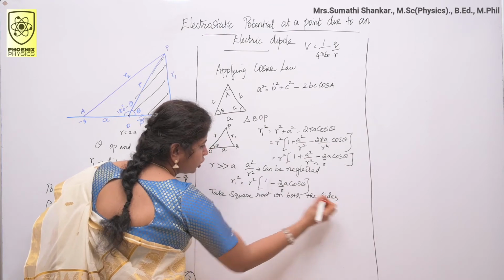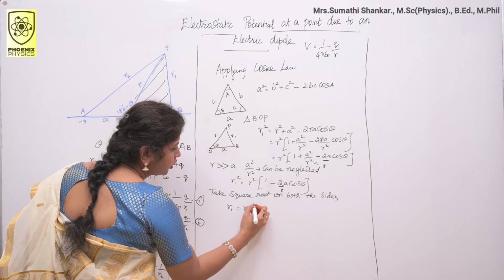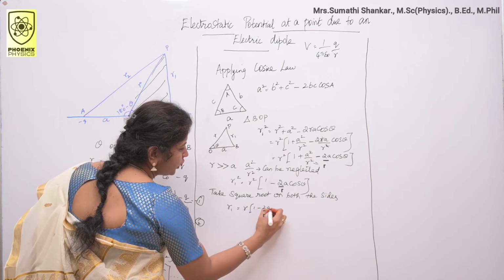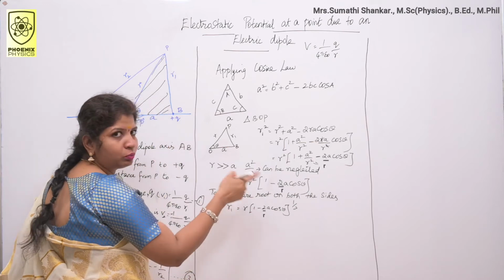Take the square root on both sides. So r1 is equal to r into 1 minus 2a by r cos theta, the whole power 1 by 2, because I am taking the square root on both sides.